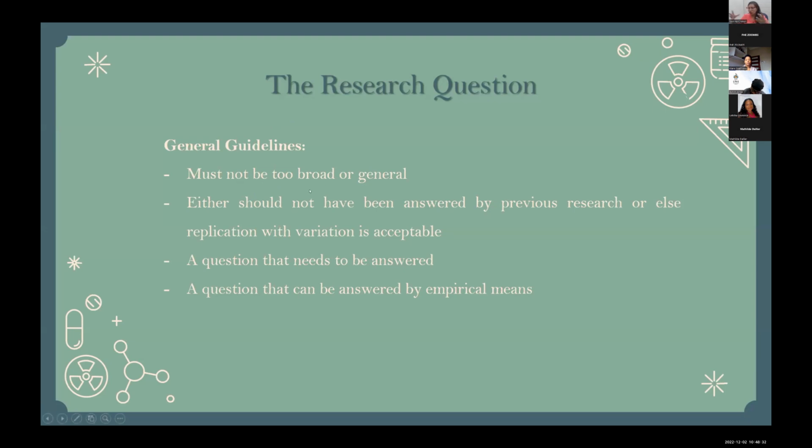So it must not be too broad or general, otherwise you won't be able to reach a specific answer based on your question, right? And it's impossible to cover everything on one particular topic. So it should not have been answered by a previous question, or else you can also, as Dr. Jones said, do the same research, but with a variation.